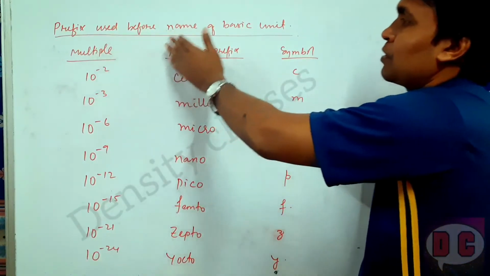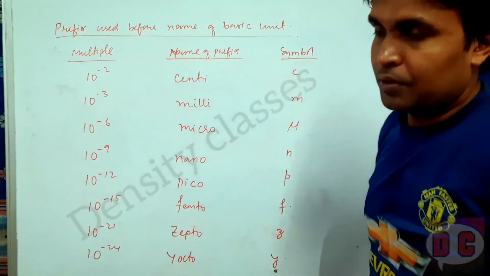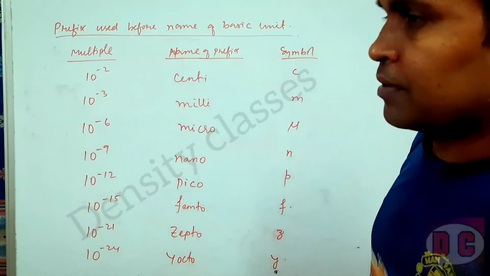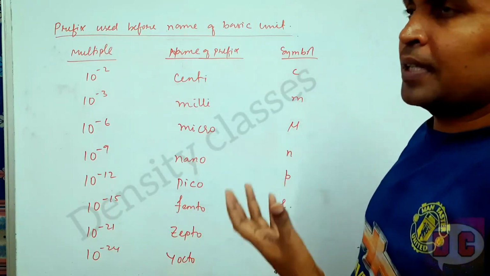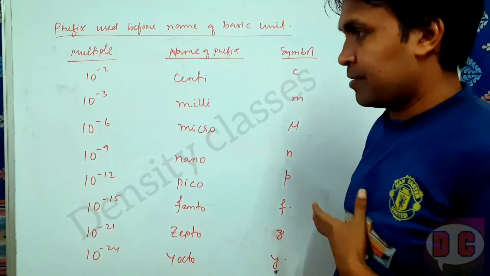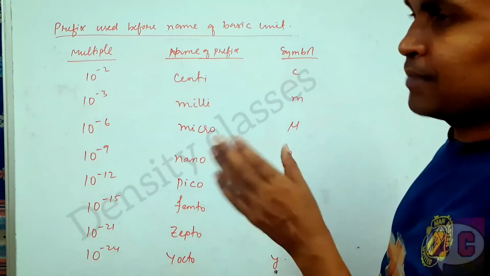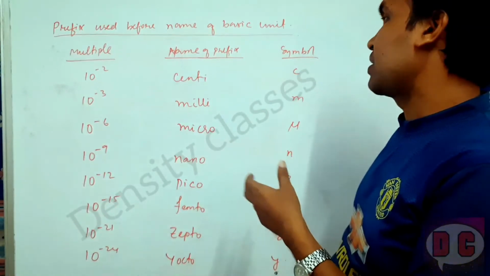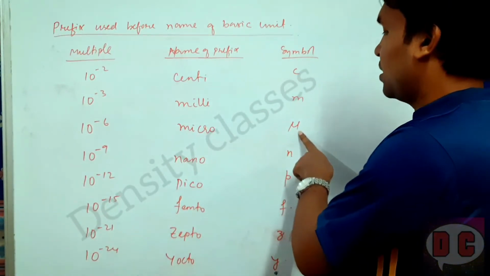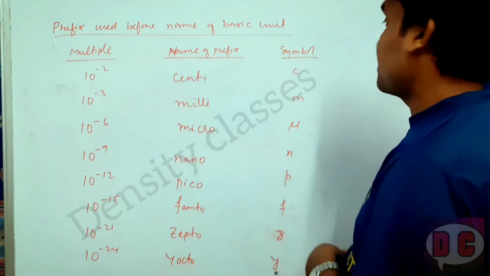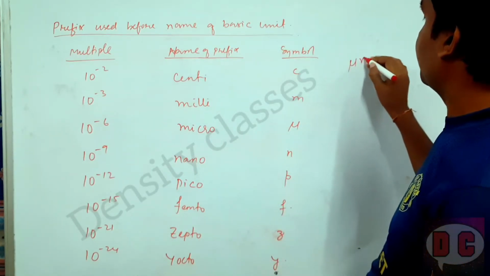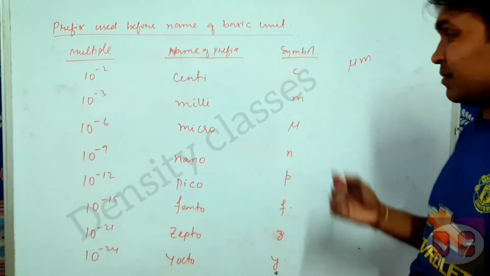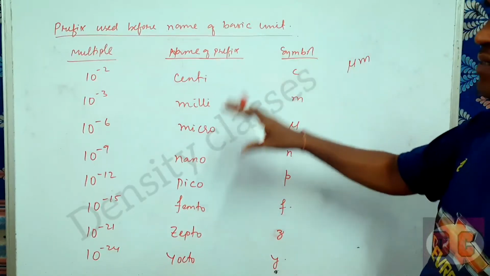So, prefixes used before the name of basic units. In some questions you will see a prefix used before the name of a basic unit. Like meter: sometimes you will see micrometer, which is very, very small.